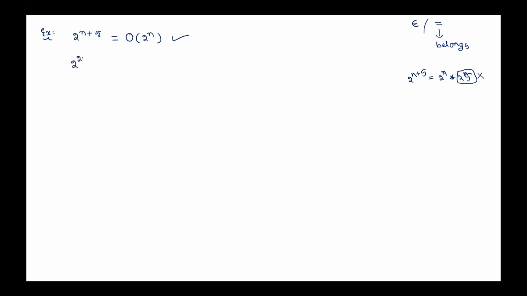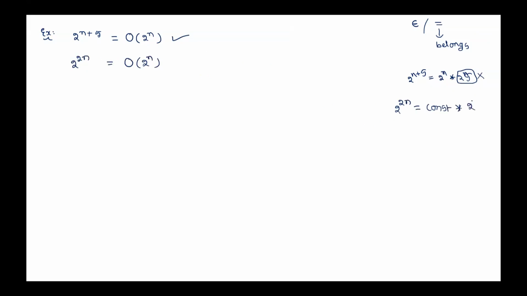2 power 2n, is it big O of 2 power n? Is that true or not? That means what we need to check is whether it is possible to write 2 power 2n as some constant into 2 power n.